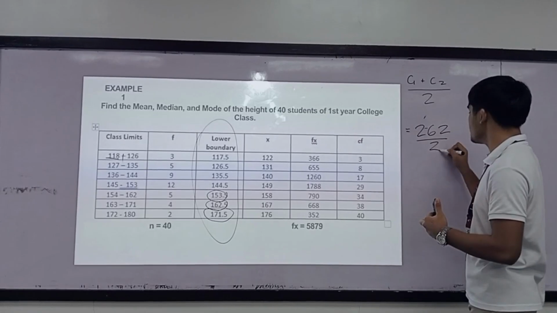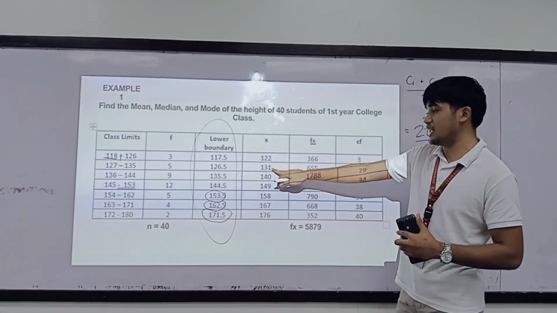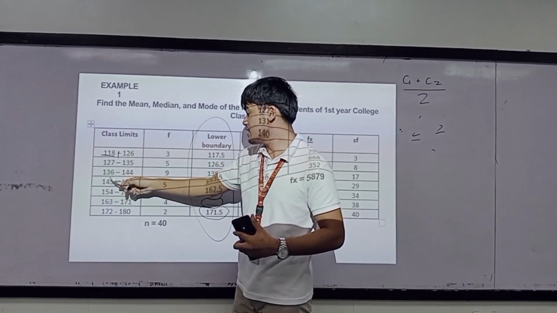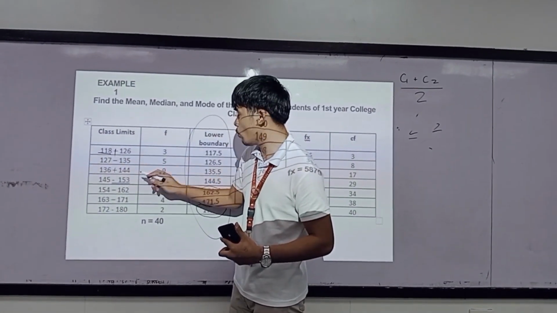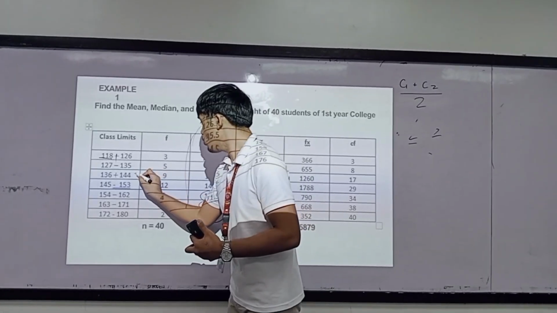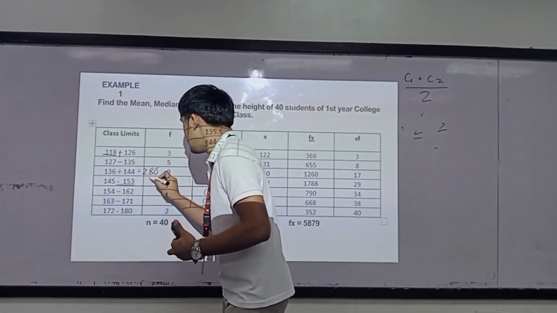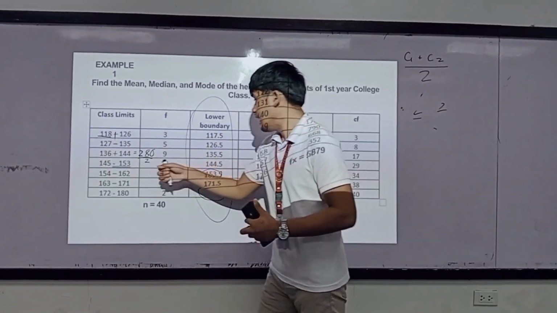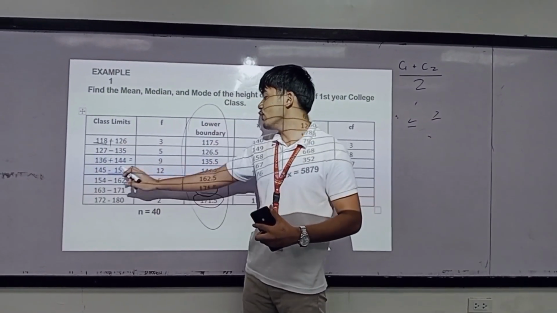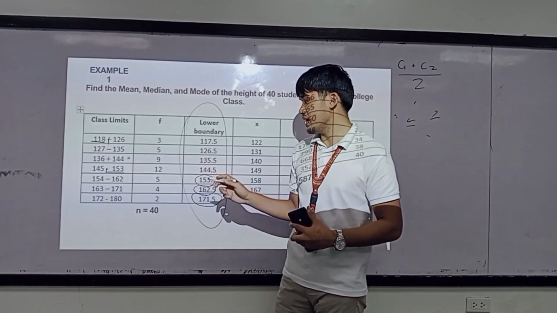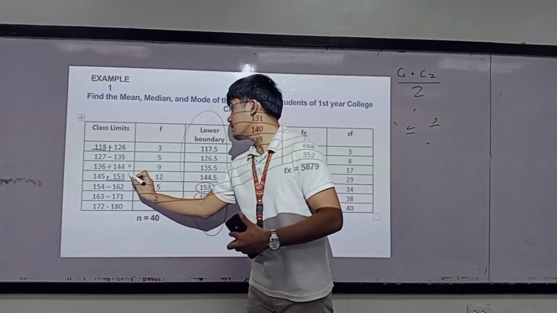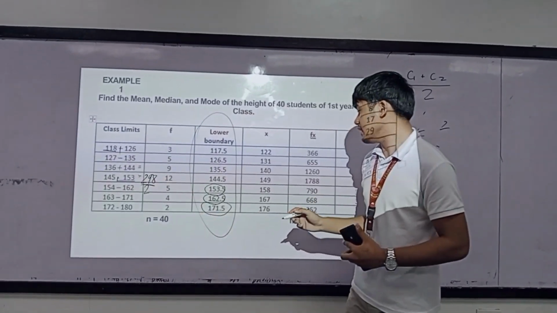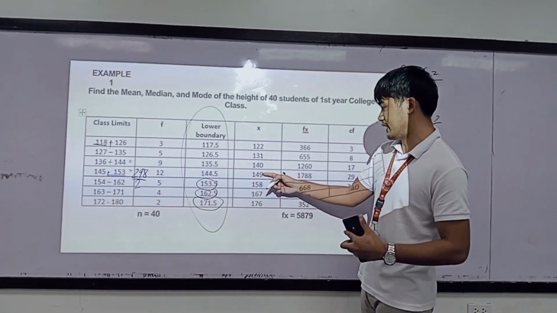We divide it by 2, and we obtain 131. Then 136 plus 144 is equivalent to 280. Then we divide it by 2, and we get 140. And then 145 plus 153 is equal to 298. Divided by 2, we get 149.